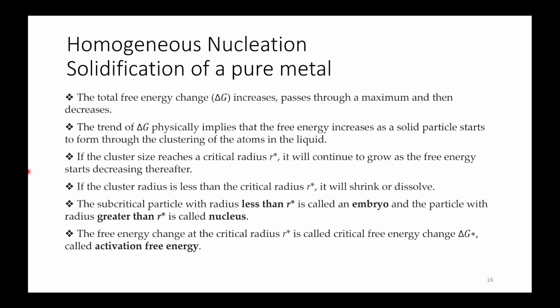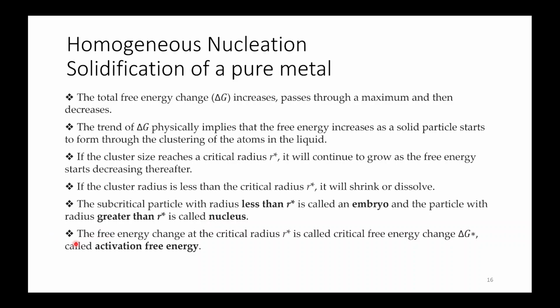If the cluster size reaches a critical radius r star, it will continue to grow as the free energy starts decreasing thereafter. If the cluster radius is less than r star, it will shrink or dissolve in the liquid. The subcritical particle with radius less than r star is called an embryo, and the particle with radius greater than r star is called a nucleus.